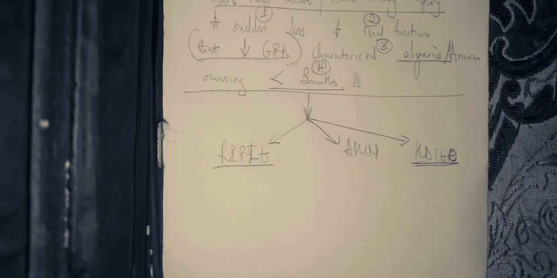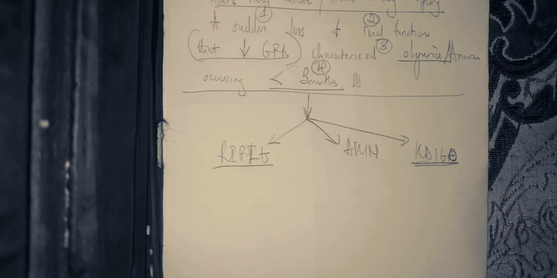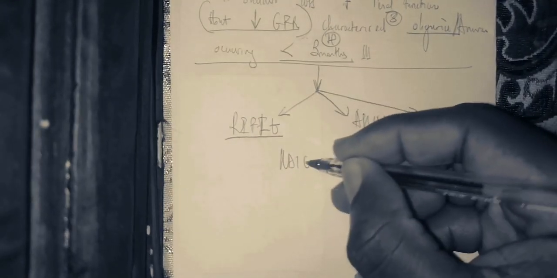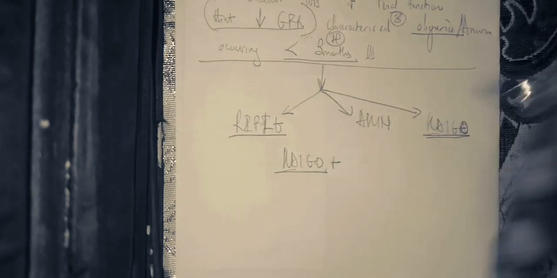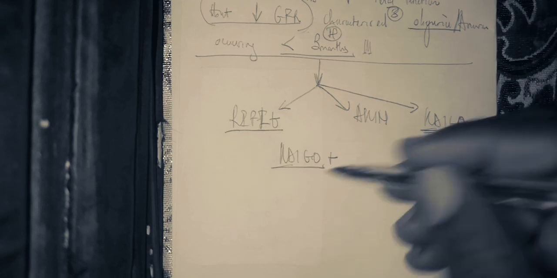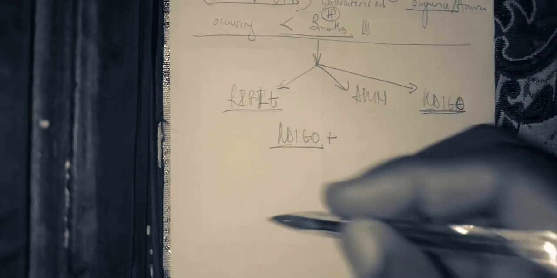So in this case, I'm going to speak about KDIGO for acute renal failure, acute kidney injury. So we start with the KDIGO classification. I'm talking about the classic KDIGO classification because it is the most important classification in the case of renal failure. Are you understanding?